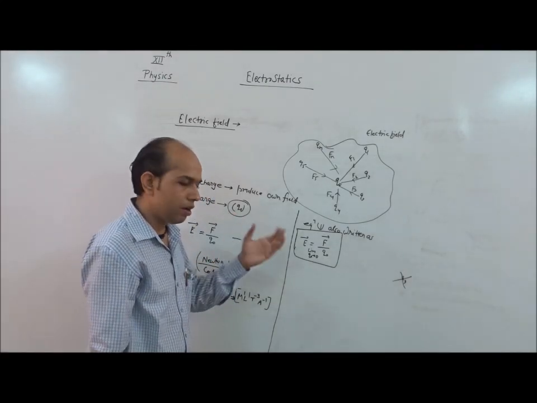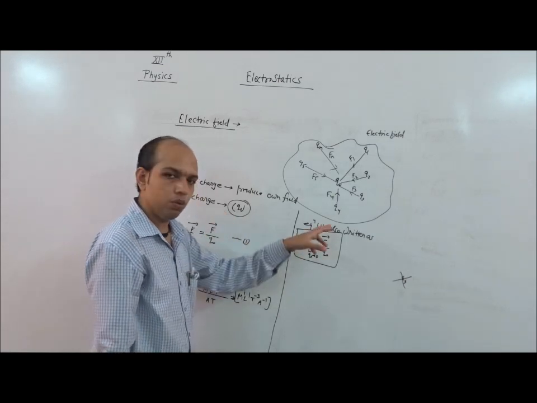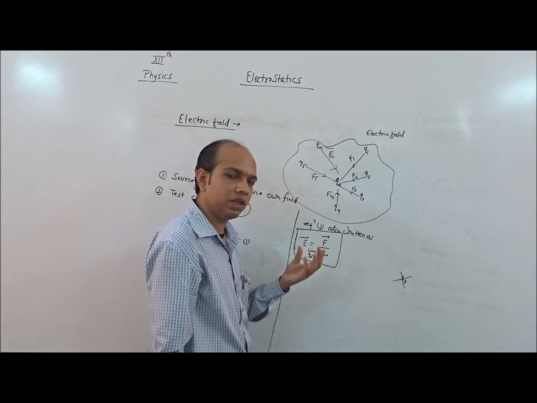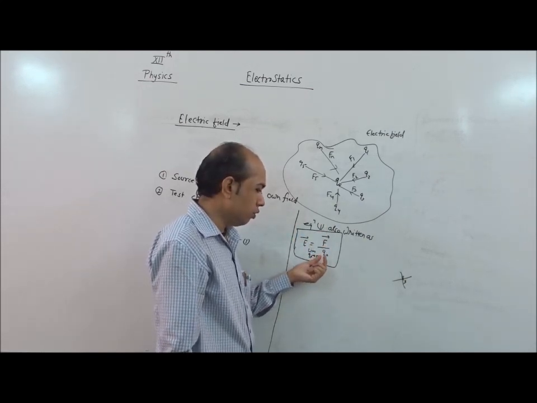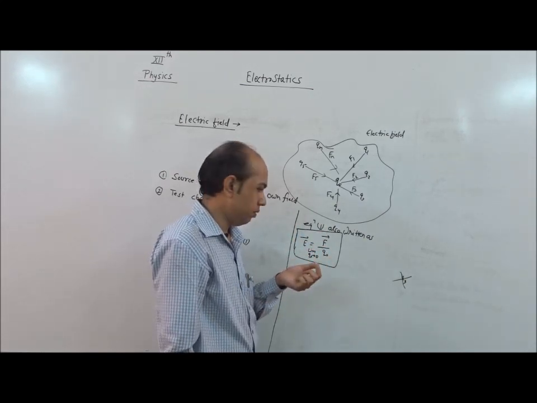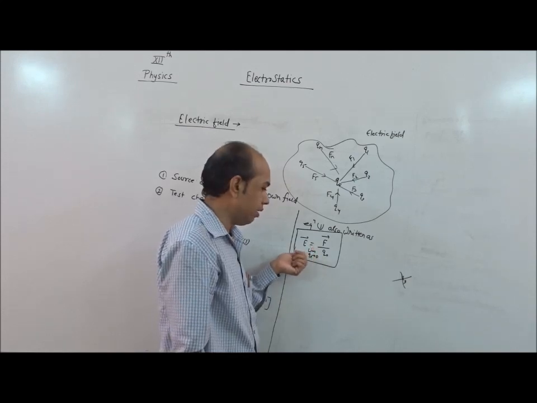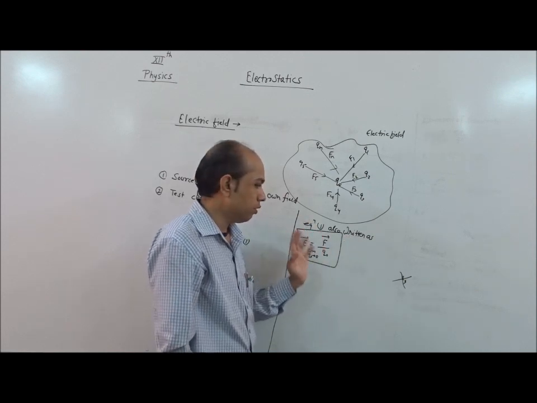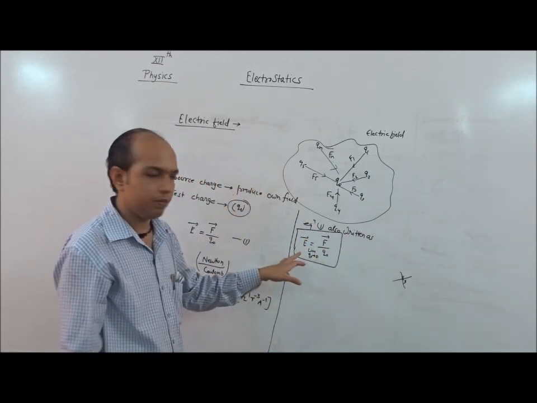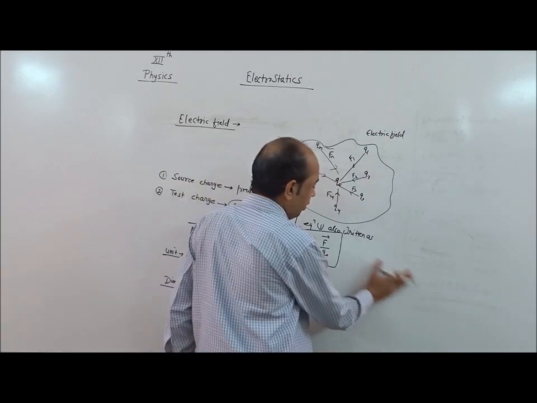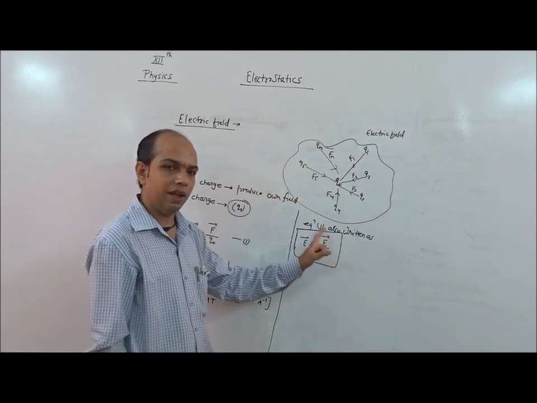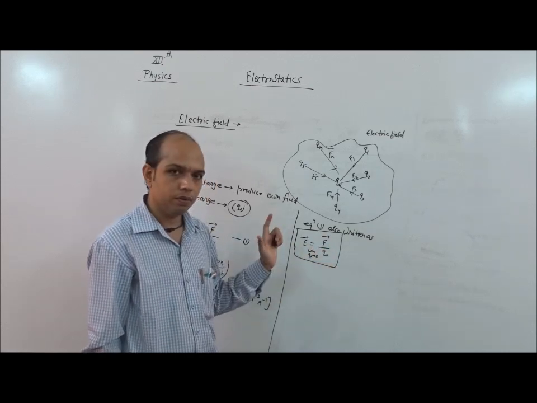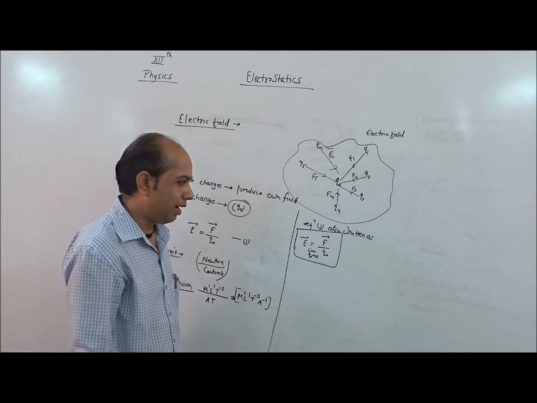Whenever we calculate the force, in order to neglect the effect of this charge Q naught, it is taken very small, that means Q naught tends to 0. So this is the way to calculate the electric field. First we calculate the force, and after calculating the force we divide it by Q naught. So it gives the electric field.